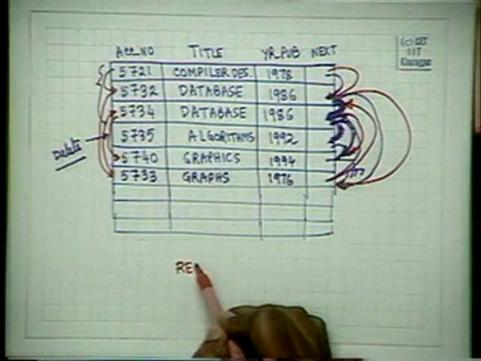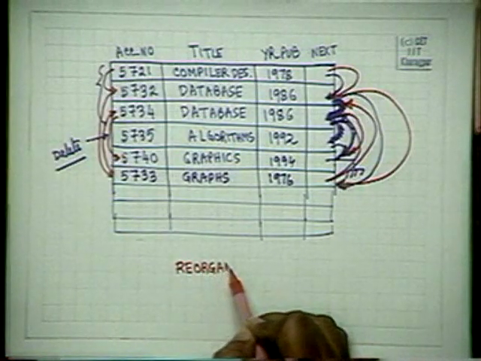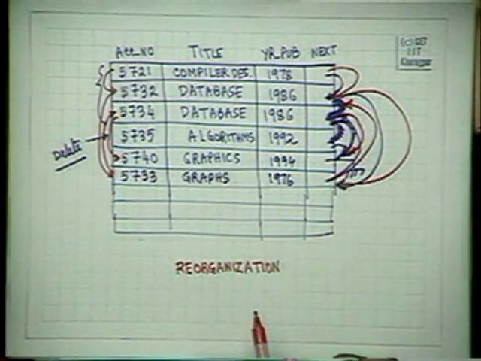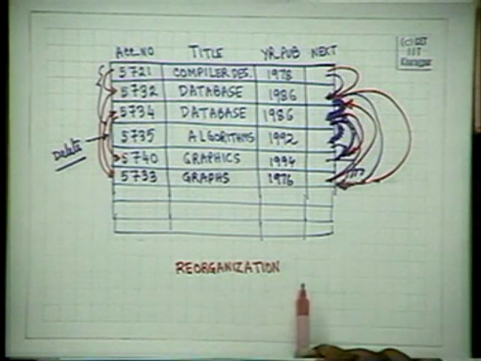So in every such file system, you will have the concept of reorganization, which will from time to time, say at the end of the day when nobody is working on these files, no insertion or deletion operation is going on, rearrange the whole file so that it is again in strict physical sequential order, so that when you start the next day's operation, you have a file which is strictly in sequential order.